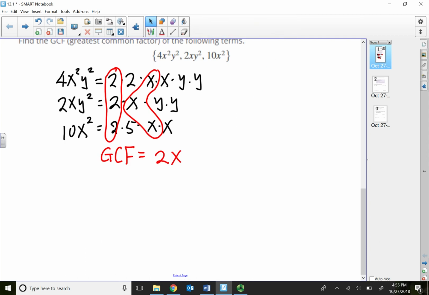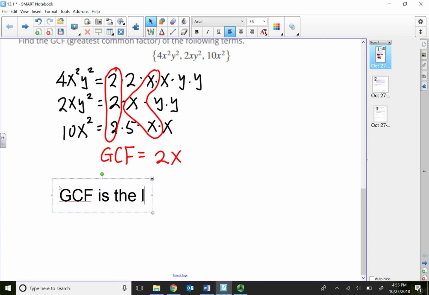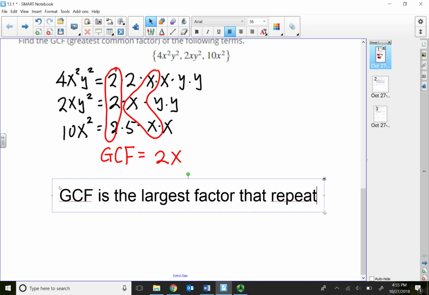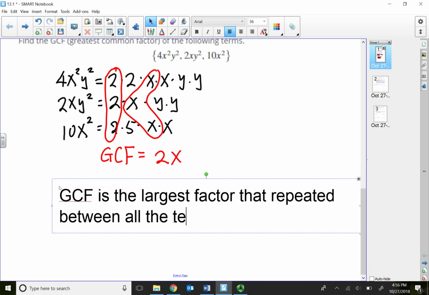So let me type this out for us, and we can make a conclusion. What exactly is a greatest common factor? It is the largest factor that is repeated between all the terms.